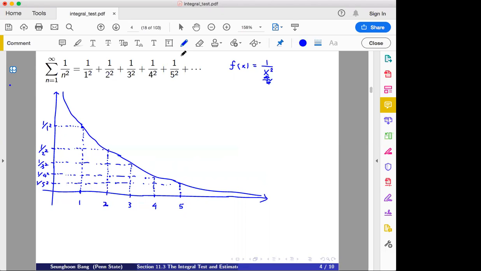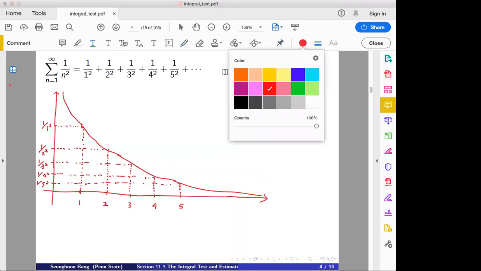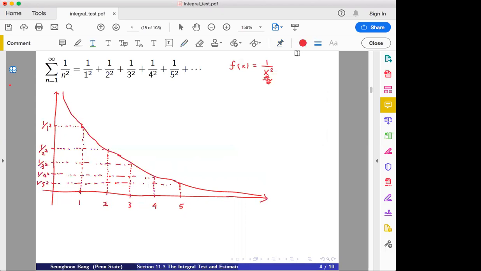The next step: I want to make a rectangle here. You can choose this point and make a rectangle like this.